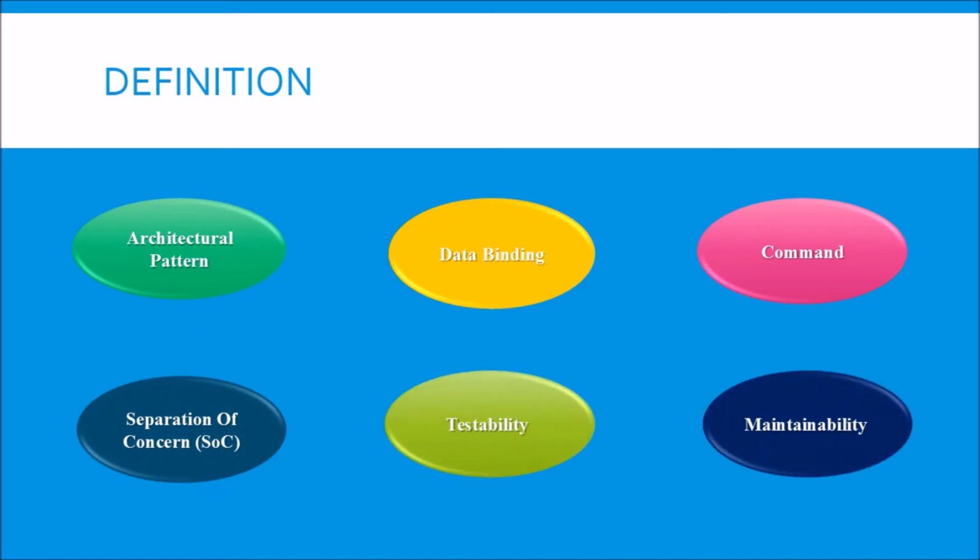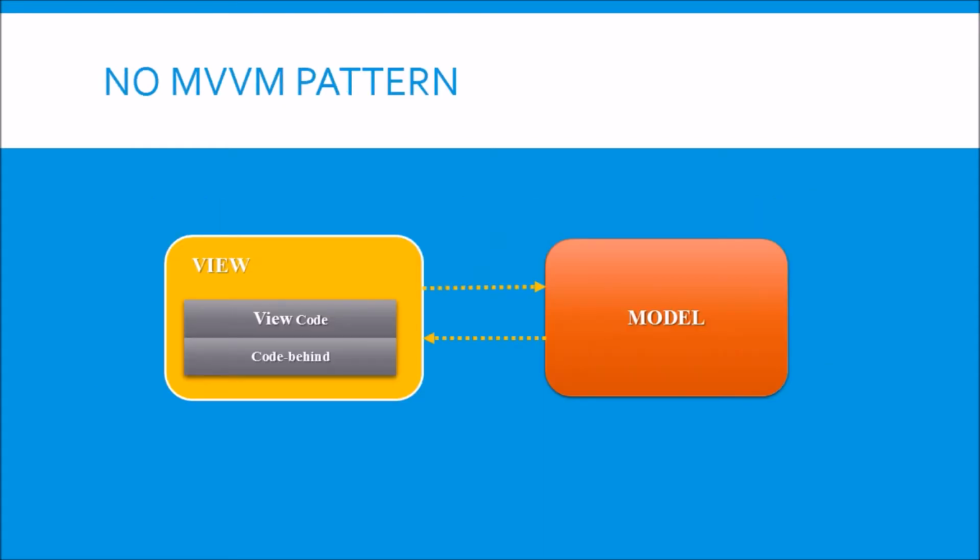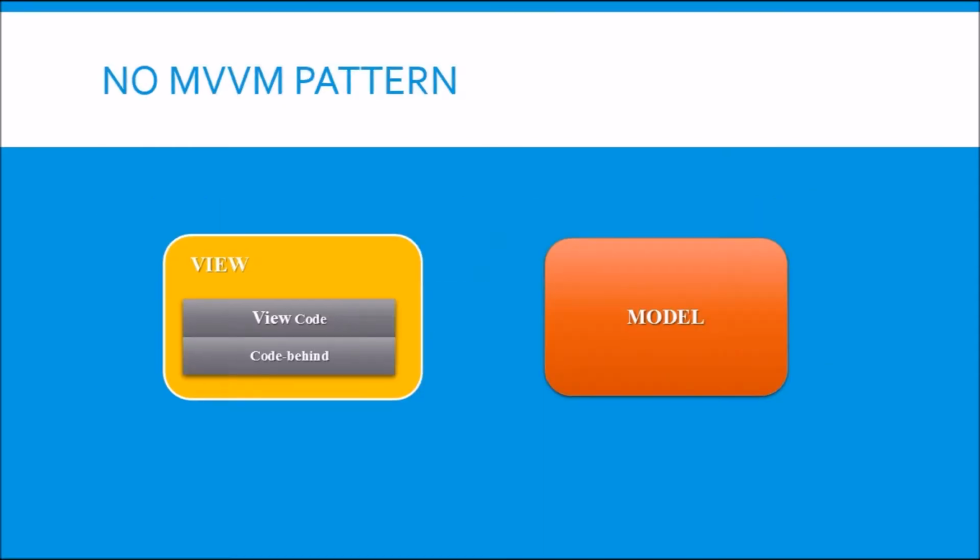Let's take a look at a sample of an application without using this pattern. We have a view that is composed of view code using the XAML language and the code behind using C# as a language, and a simple model using C#. Our view will interact directly with the model.